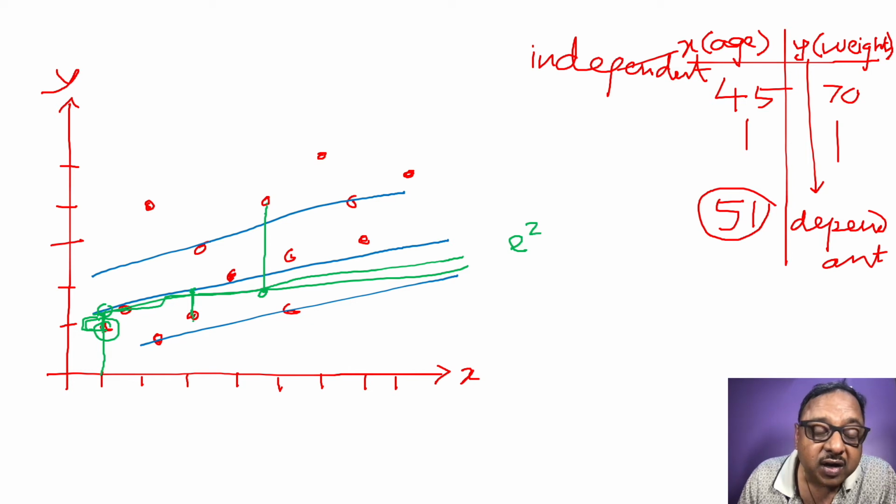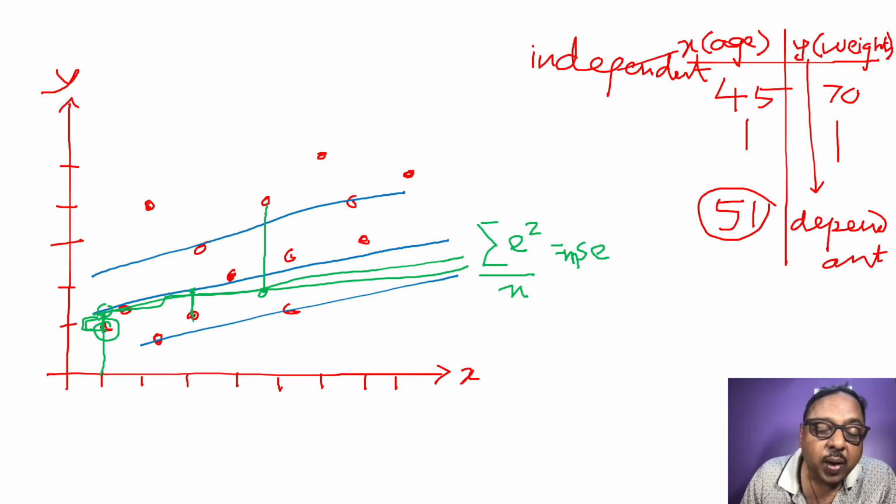If I square it, all the errors become positive, and then I sum up all the squared errors, which gives me the sum of errors. If I divide the sum of errors by the number of observations that I have, I get the mean square error, because this is the mean of all the errors squared.